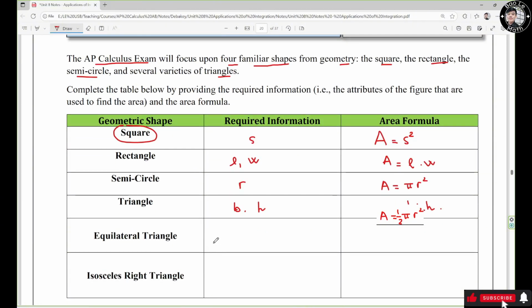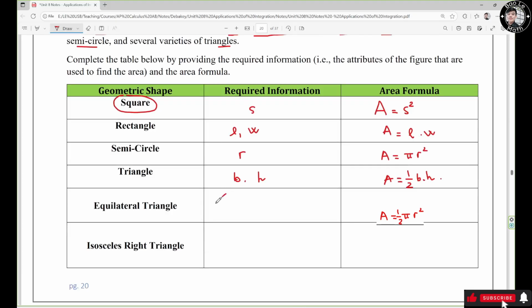Now the equilateral triangle, which you learn in geometry. Suppose the equilateral triangle has side A, so this side is A, this side is A, and this side is A. In order to calculate the area of the equilateral triangle, you need to draw the altitude. So the area is 1/2 base times height.